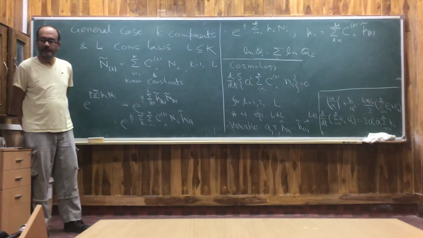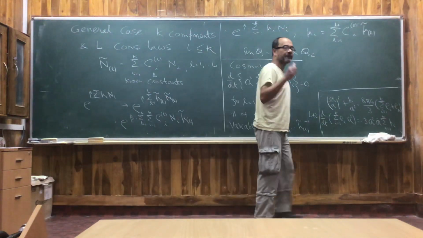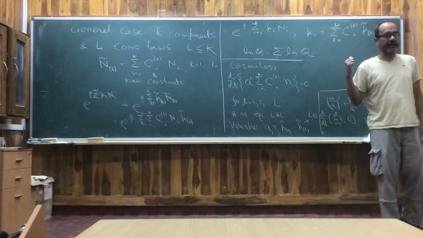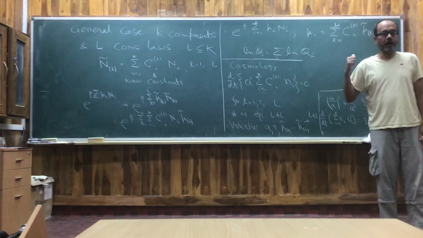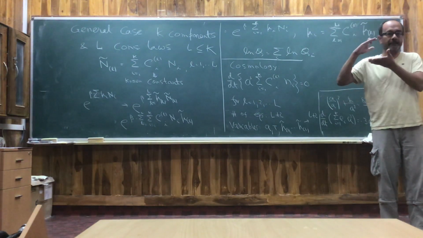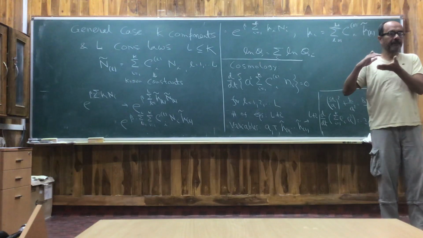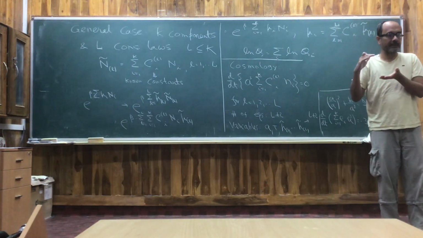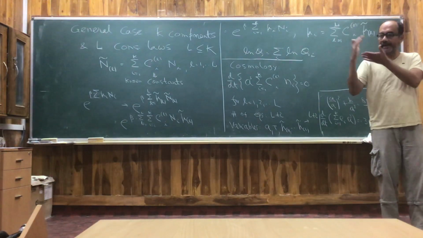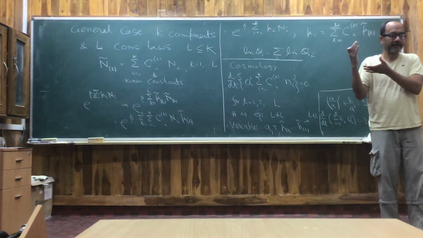But I should emphasize that the most important aspect of cosmology is that these equations that we are writing are not valid universally. They are valid only in certain time domain. Because in certain time domain, some things may be conserved, some things may not be conserved. In a different time domain, at higher energy or lower energy, what was conserved earlier may not be conserved now, or vice versa.